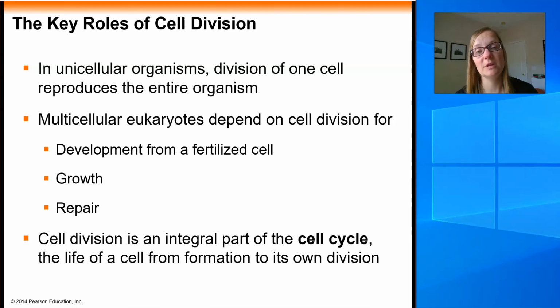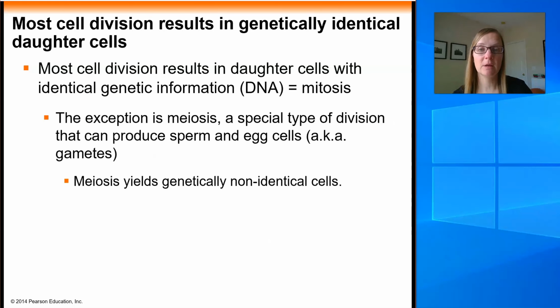Now, as we focus in this chapter, cell division really is only a small but important part of what we call the cell cycle, or the full generation or full lifespan of a cell. And so on this slide, we define the cell cycle as the life of a cell from its original formation to when it goes through its own cell division to create new daughter cells.